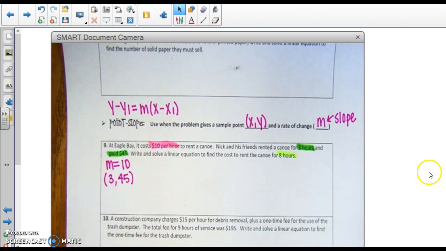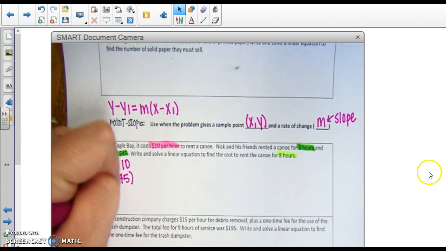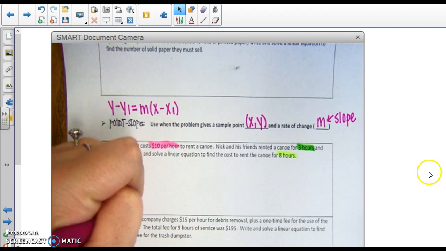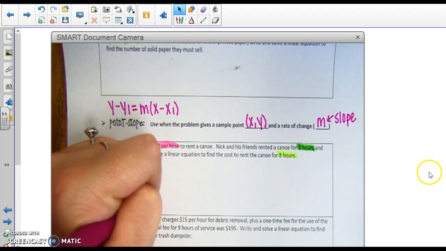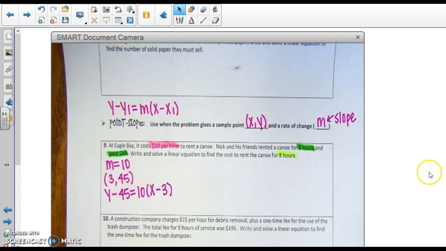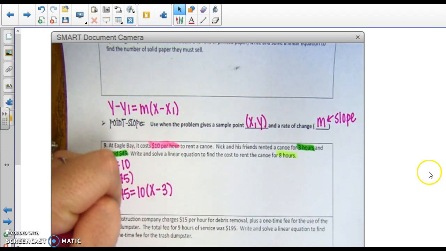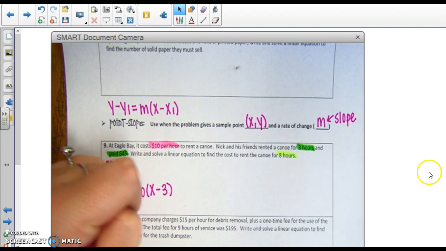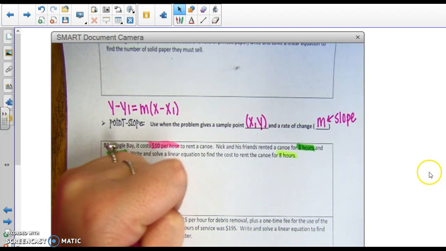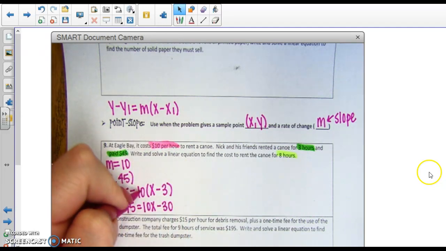Alright? So then I'm just going to plug in my information. I have y minus 45 equals 10 times x minus 3. So I end up with y minus 45 equals 10x minus 30 once I distribute that 10.